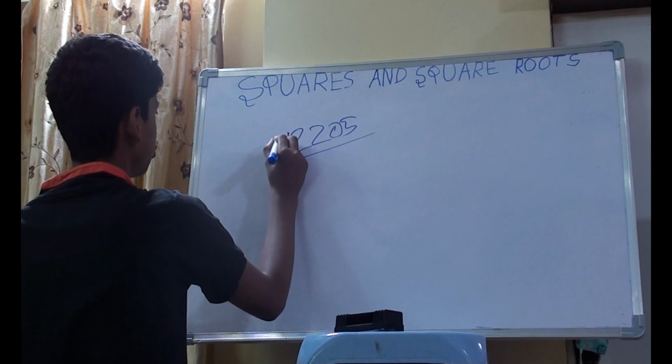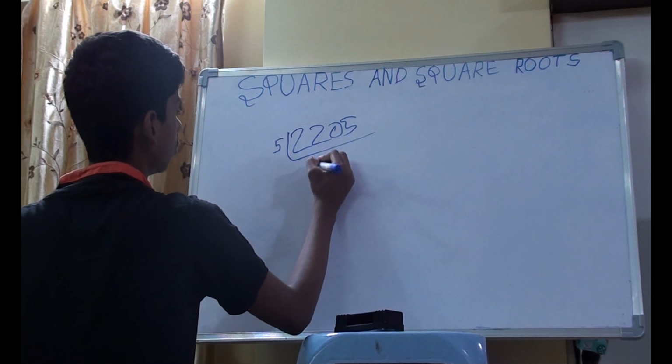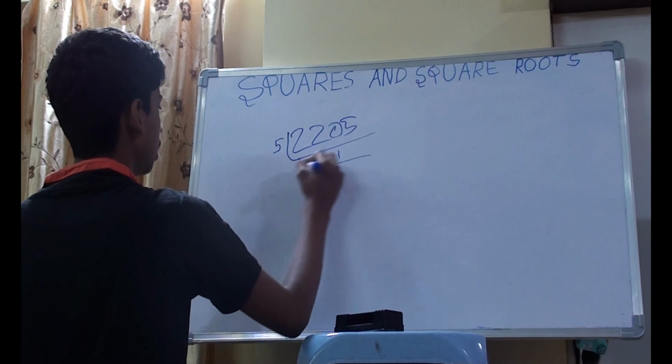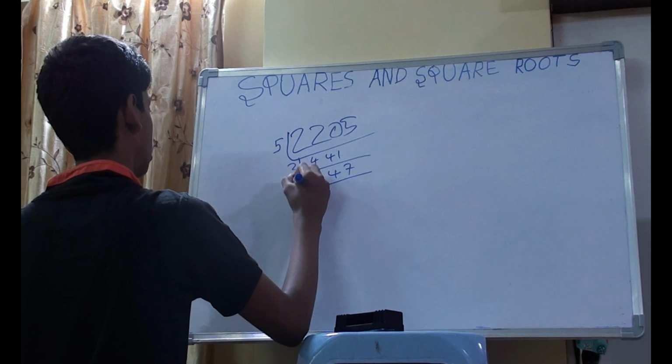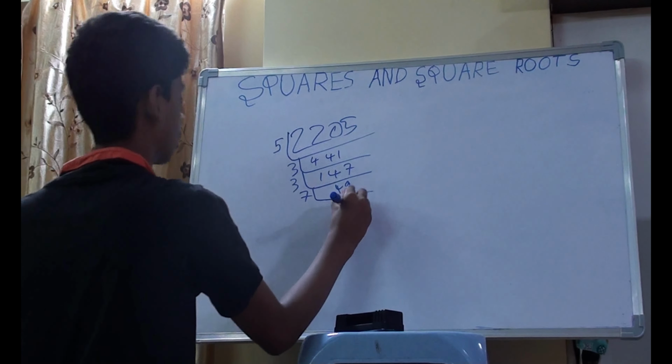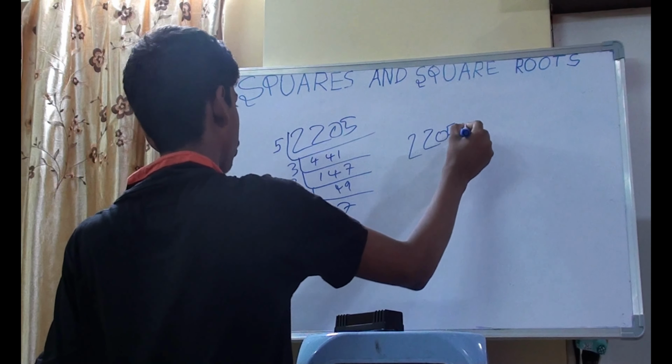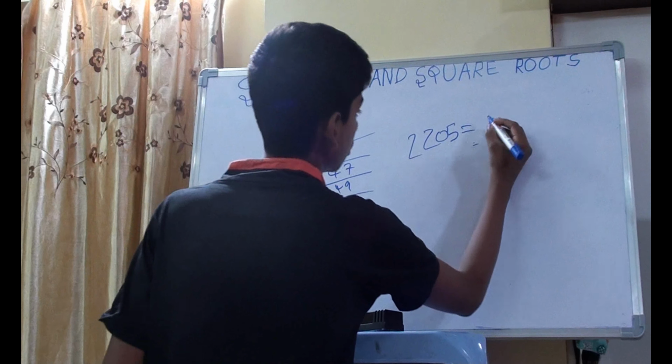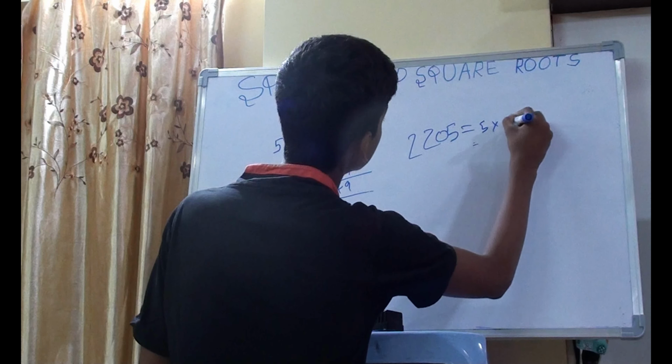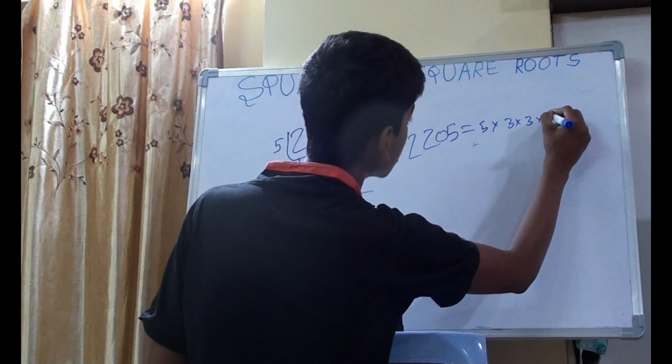So we go 5, we get 441, 3, 147, 3, 49, 7 and 7. So 2205 equals 5 into 3 into 3 into 7 into 7.